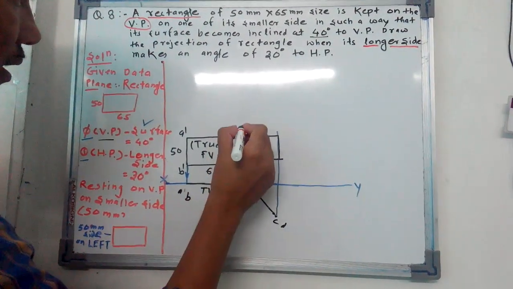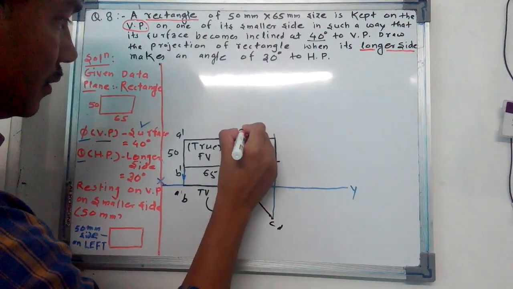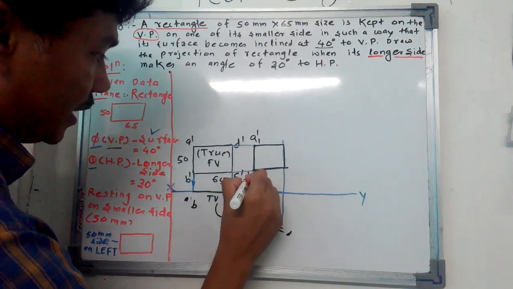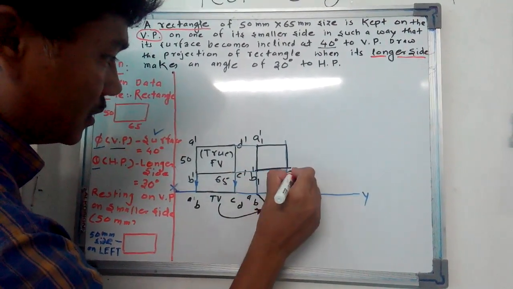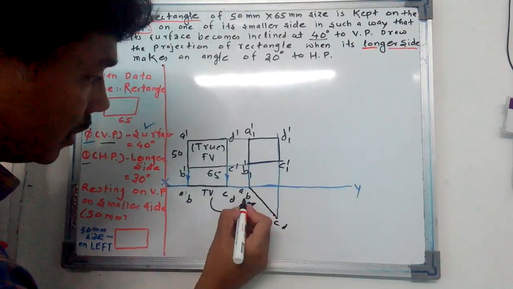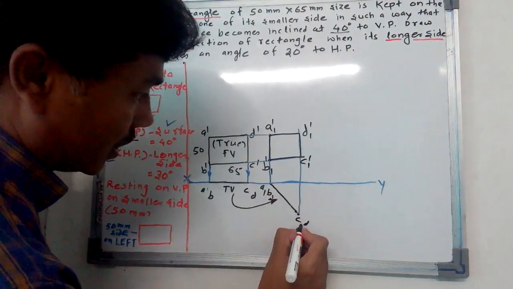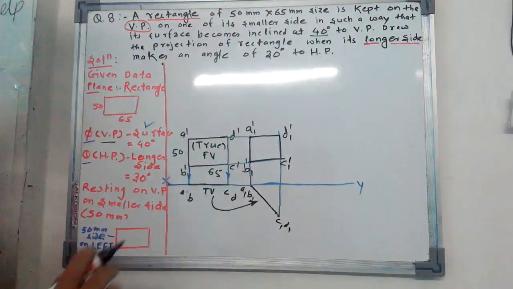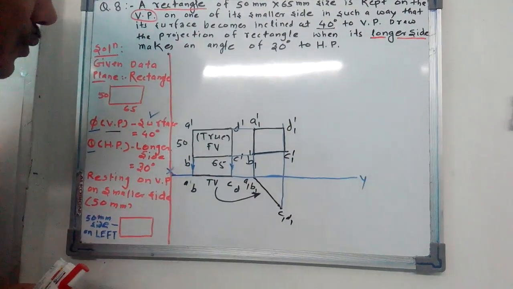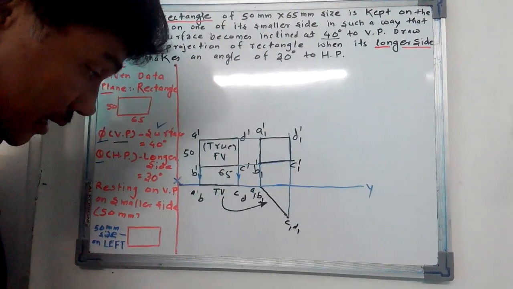Now I will name the points here: A1 dash, B1 dash, C1 dash, D1 dash. I name these with subscript 1 because we have to differentiate between first stage and second stage. So this way you got completed the second stage.